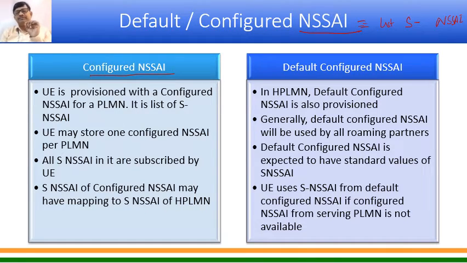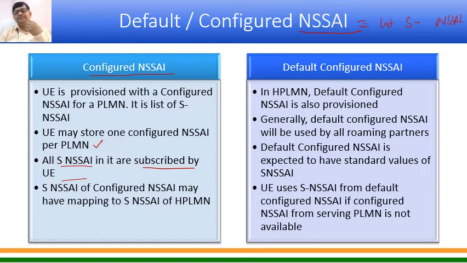It is a list of specific slices which is provisioned inside the UE. The UE may store one configured NSSAI, that is a list of network slices, for every PLMN, and these S-NSSAIs inside the configured NSSAI are actually subscribed by the UE, right?